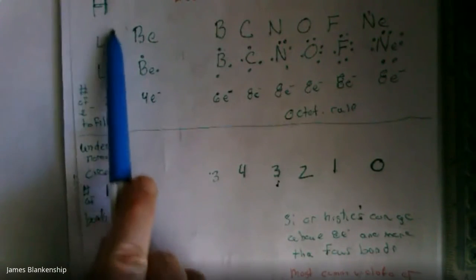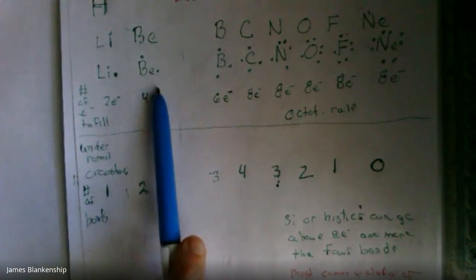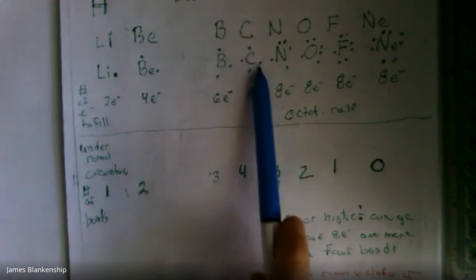We then talked about our Lewis dot structures, and that everybody in the column of lithium and hydrogen would have the same Lewis dot structure. And everyone in beryllium's column would have the same: boron, carbon, nitrogen, oxygen, fluorine, neon.